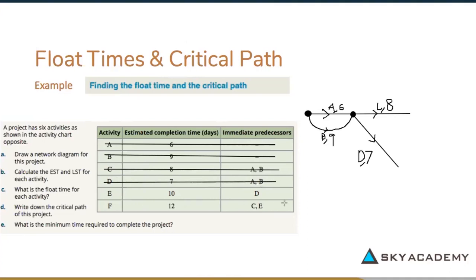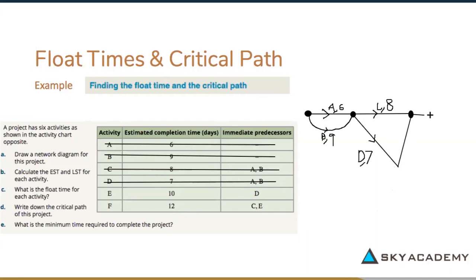But again, if you look ahead, which I highly recommend you get in the habit of doing, activity F comes out of C and E. And so if the node for C is up here and activity E is going to come out here, we may as well just draw activity E to meet with activity C up here, because then we can easily do F coming out there.